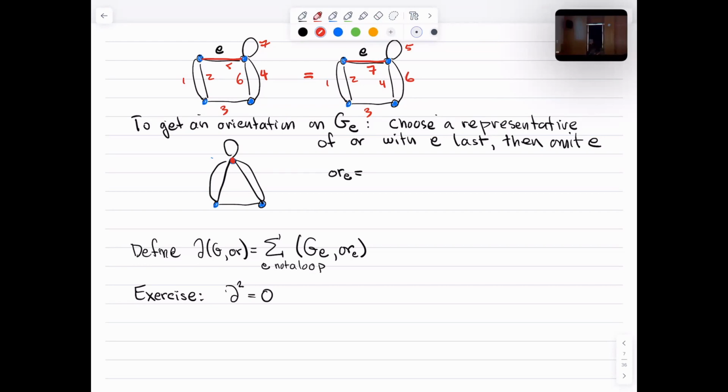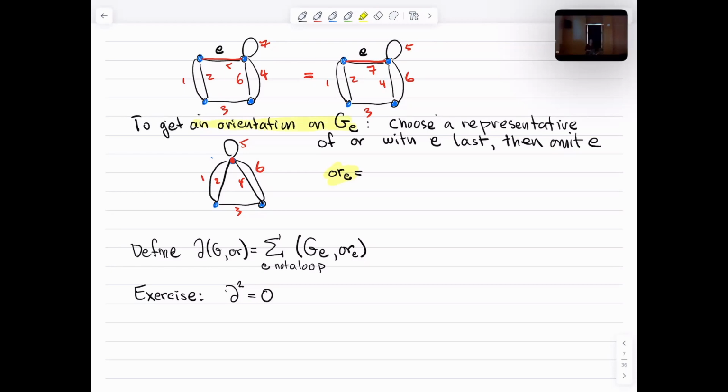Now I use the last one in the orientation, and then I just collapse that edge, and I have 1, 2, 3, 4, 5, 6. That's an orientation on G sub E. And I call that the induced orientation on G sub E.